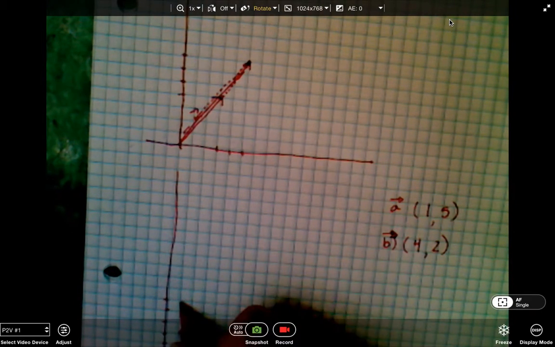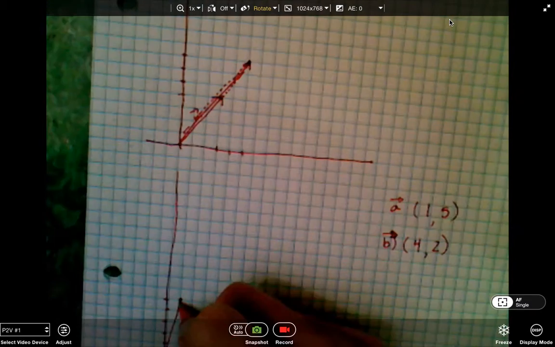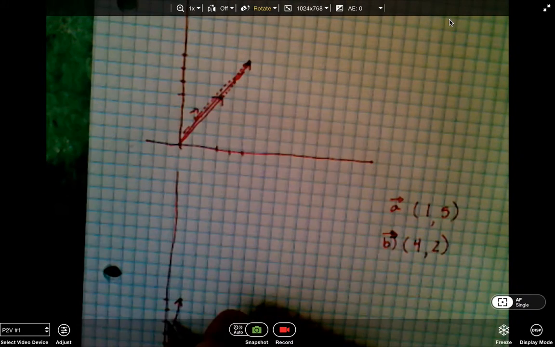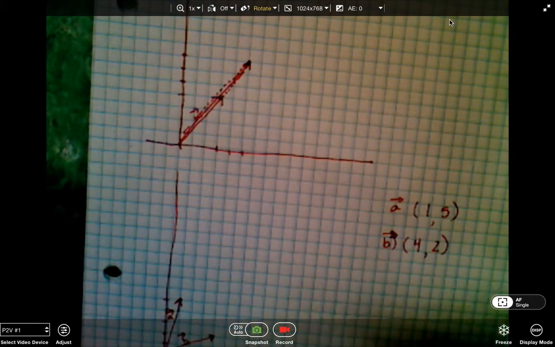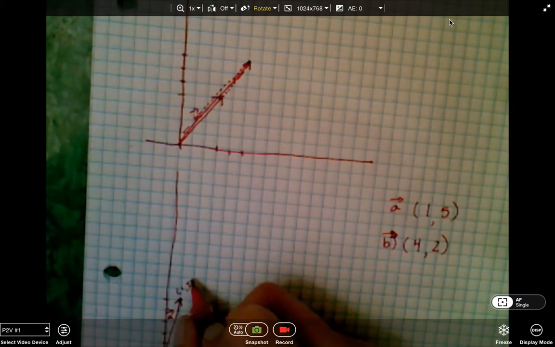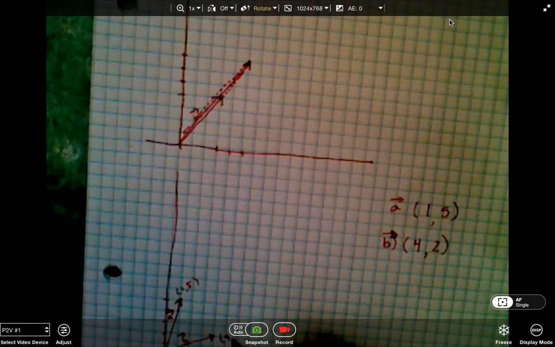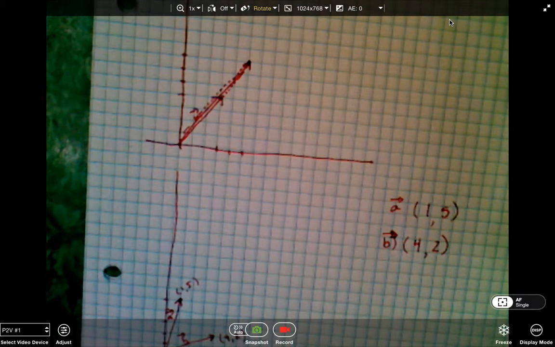So there's A. 4, 2. That looks a little better.